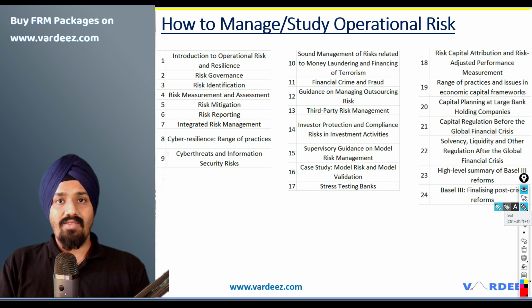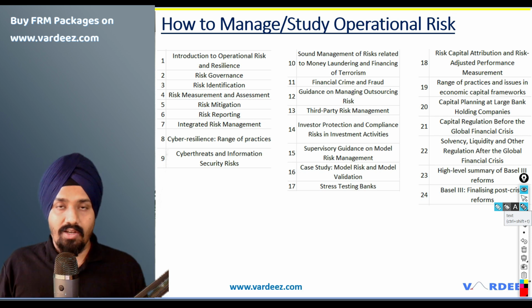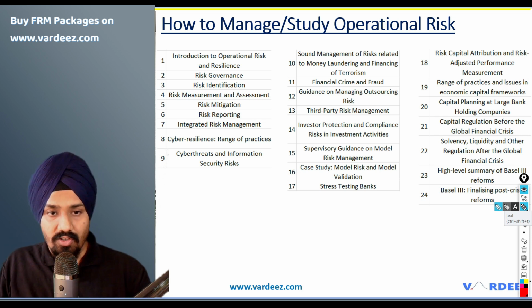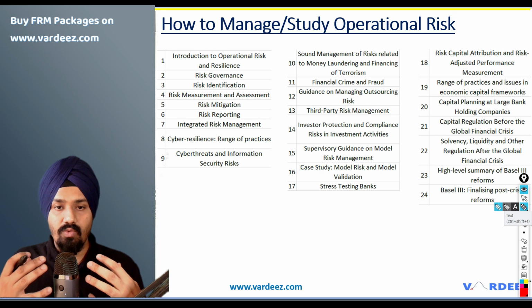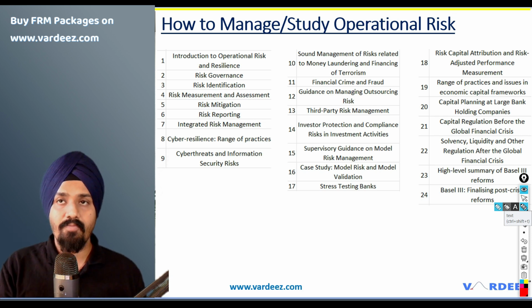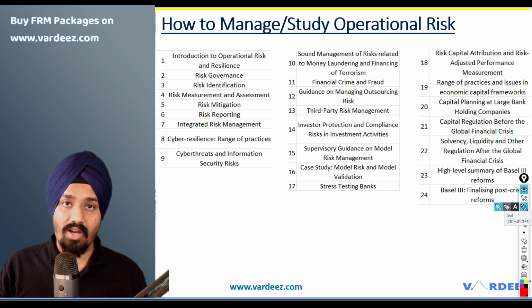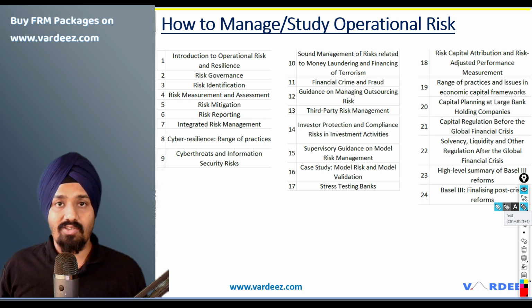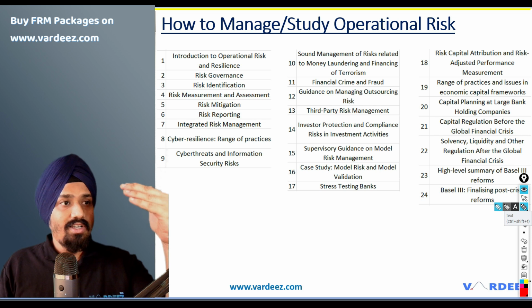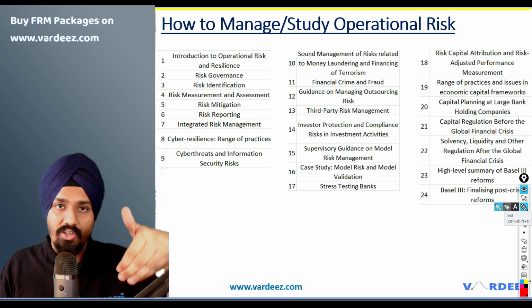One very important tip I can give you right away is that for operational risk, when you answer a question, look at the options and select the best possible one. For example, the exam may have a question like: you are an anti-money laundering officer, and you have a certain due diligence process.